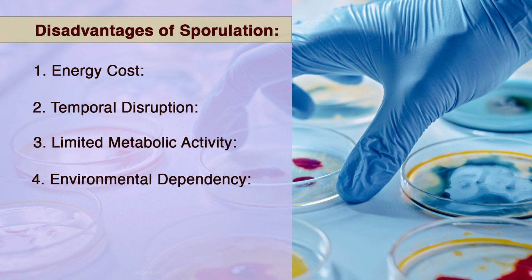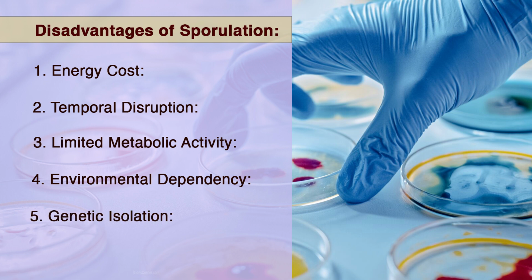Next is environmental dependency. Spores require specific conditions to germinate and resume active growth. If these conditions are not met, spores may remain dormant indefinitely or perish without successfully propagating.